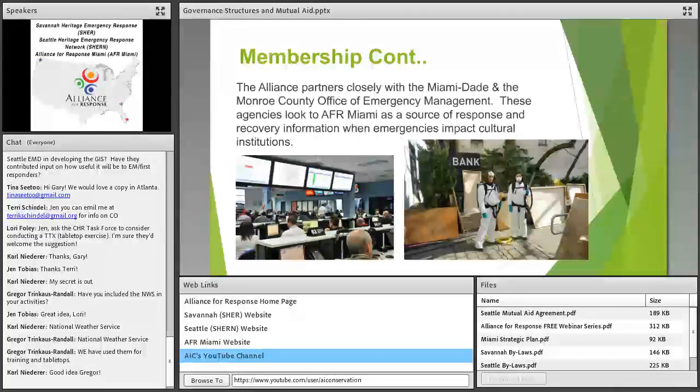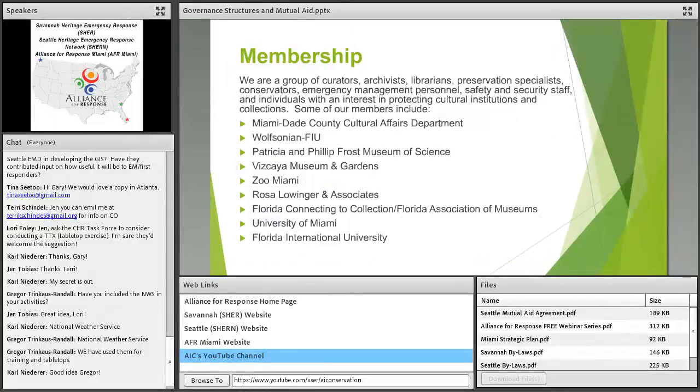In terms of our membership, we're fairly young. We started out in 2013, and I think that we were able to solidify our goals and missions really with the help, again, of Steve. So our membership is predominantly institutions. We do have a couple of local conservators in our membership as well who provide assistance and information.